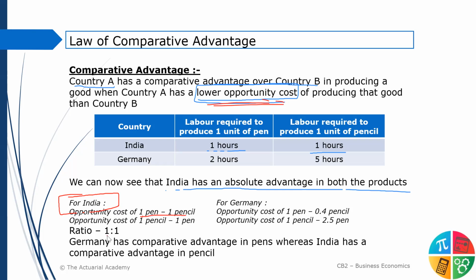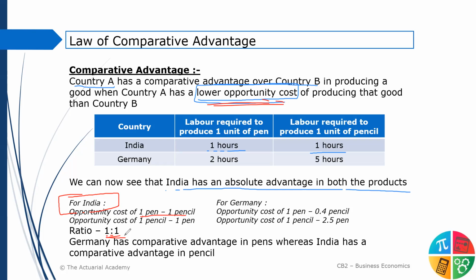If one pen is not produced, it could produce one pencil. Here we are not looking at monetary terms, rupees or dollars, but in terms of labor, manufacturing, supply. What's the manufacturing capacity?